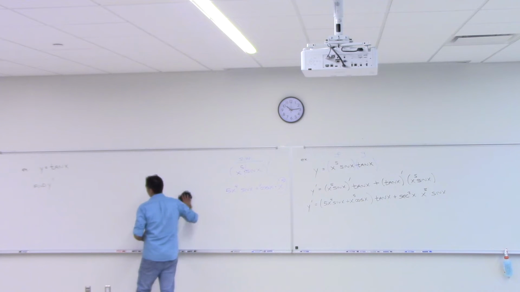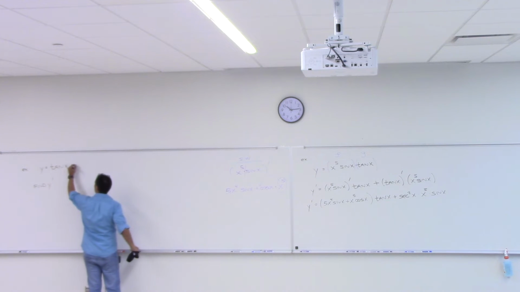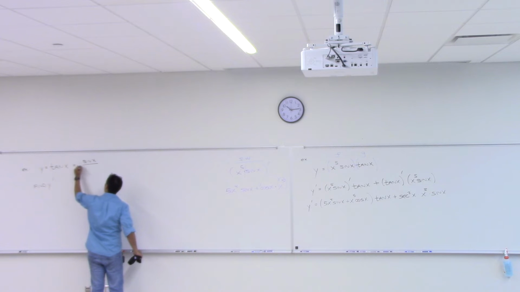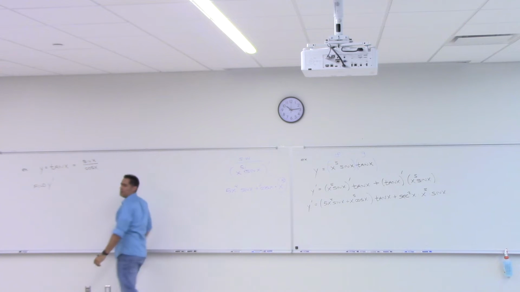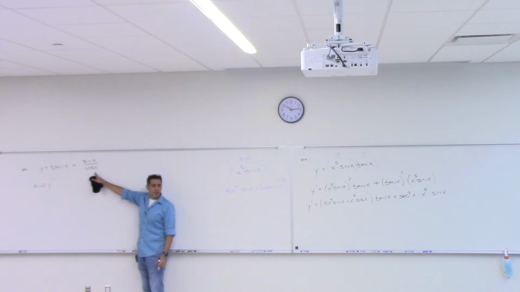Because what I can do is rewrite tangent as sine over cosine. And now if I'm asking for the derivative of this, you can use the quotient rule, can't you?